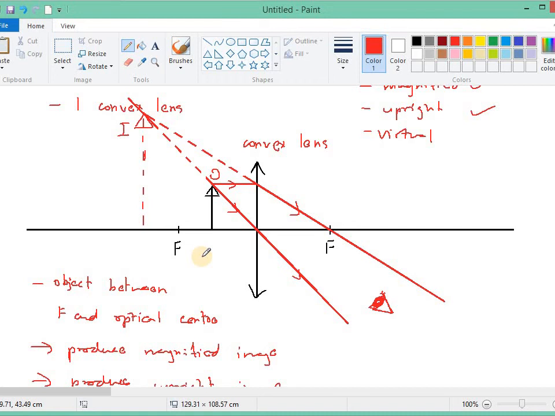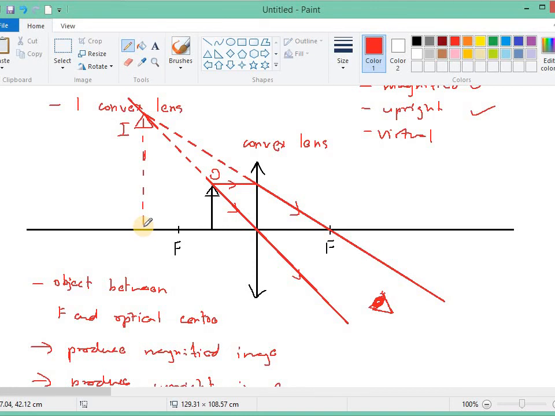If we just want the image to be magnified, we can put the object between F and 2F. If we put it between F and 2F, we can also get a magnified image, but the problem is the image is inverted. The image is real and inverted.